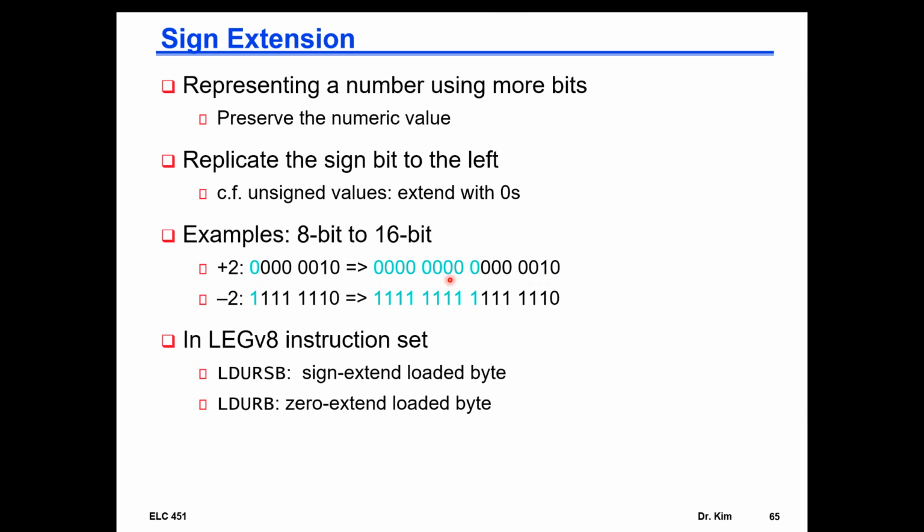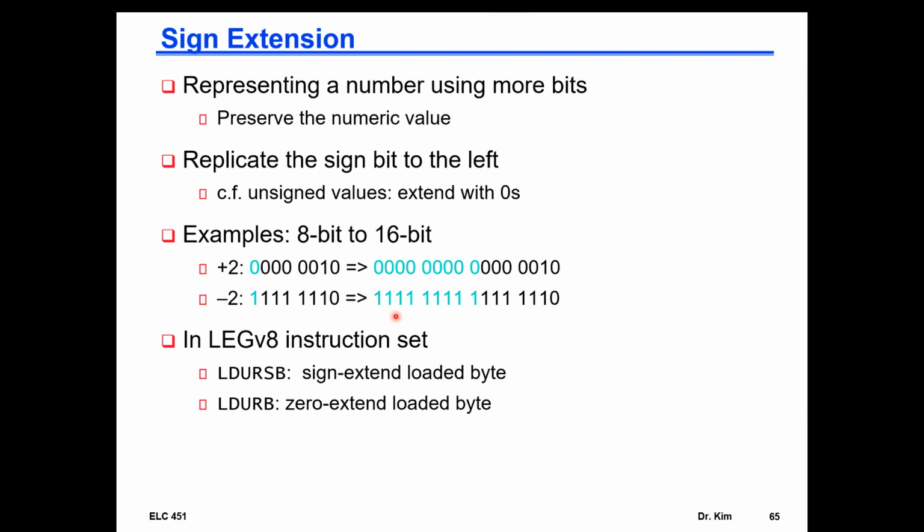In the same way, if we have -2 represented as this 8-bit pattern here, this byte, and we wanted to represent it now instead of with a byte as 2 bytes or 16 bits, all we have to do to extend the sign is to copy that most significant bit, the sign bit, all the way and fill the upper byte with that bit.